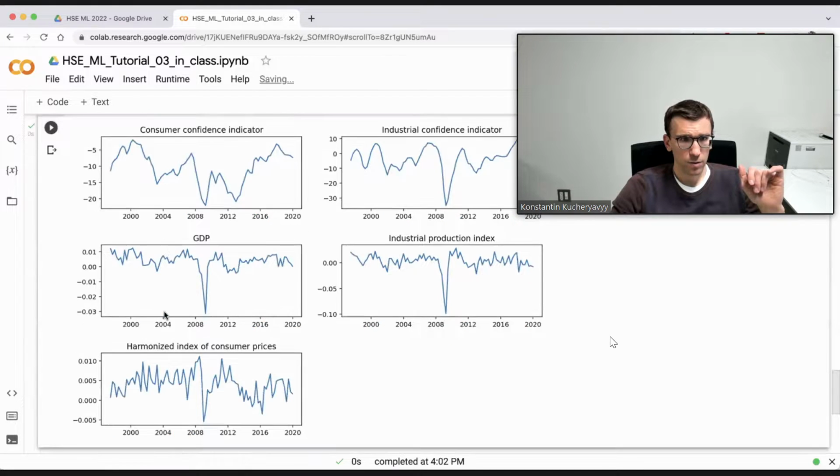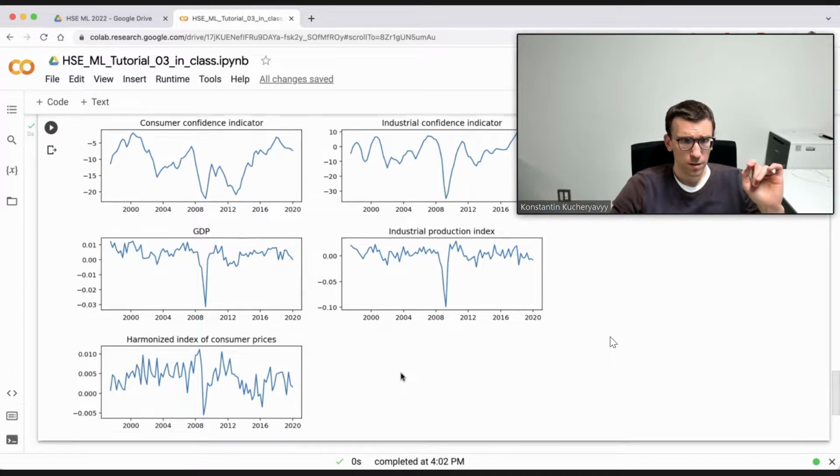And so now you see that obviously there is no trend now in GDP. We see there's a huge drop in the European GDP in 2008. That's the global financial crisis. And then 2012, that was the Euro crisis. So makes sense. Then industrial production index seems to be corresponding to this.